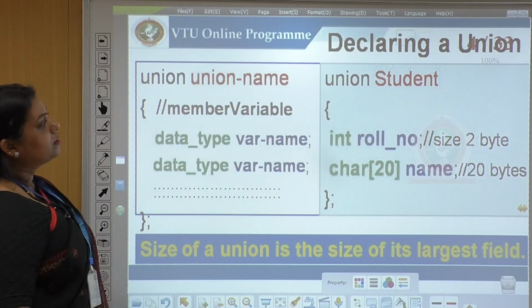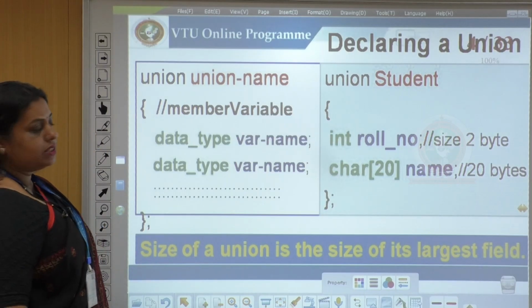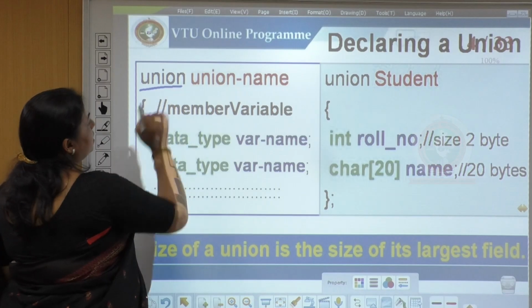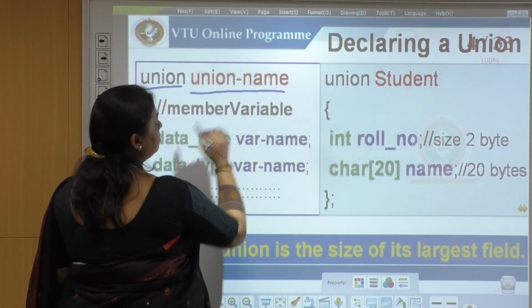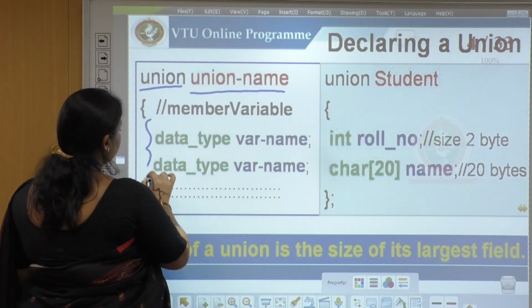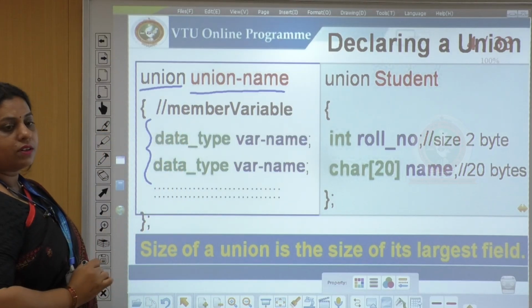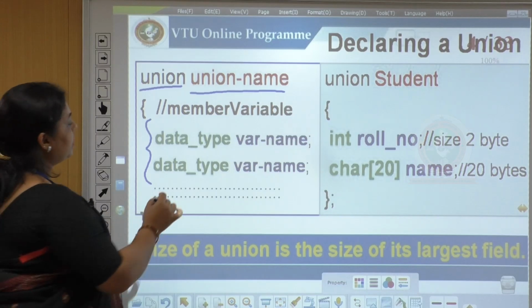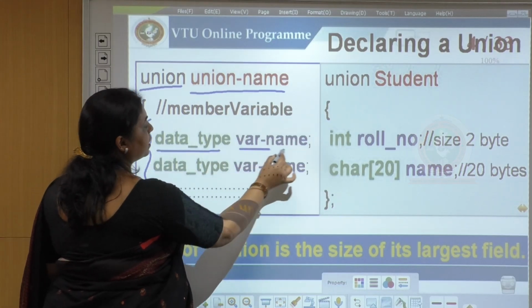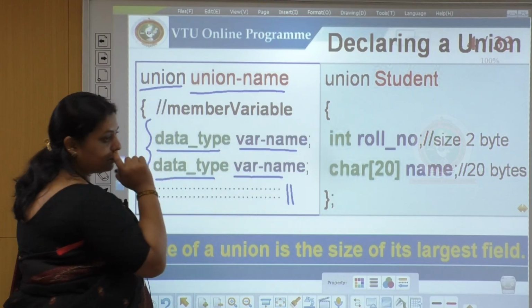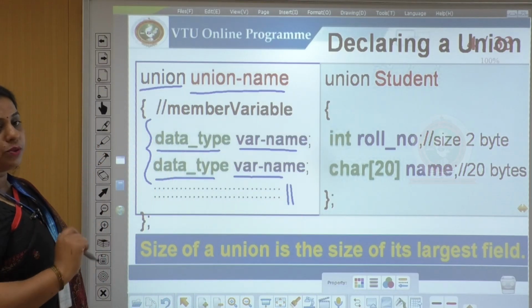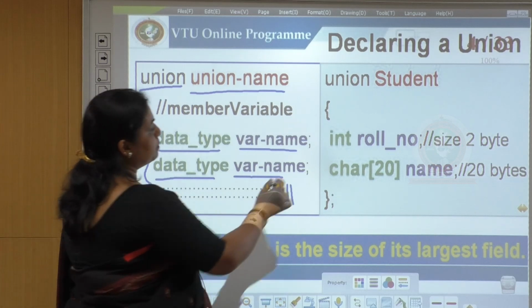So, look here, to declare a union, what is required? The keyword union, a name given to the union, and the members of the union to be declared. Each of them will have its own data type and name. There can be n number of variables in one union. Let us take an example.